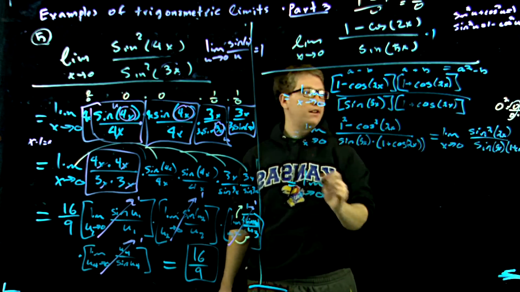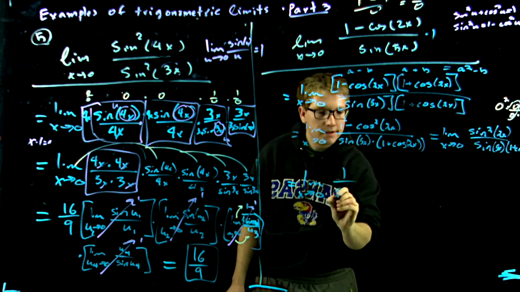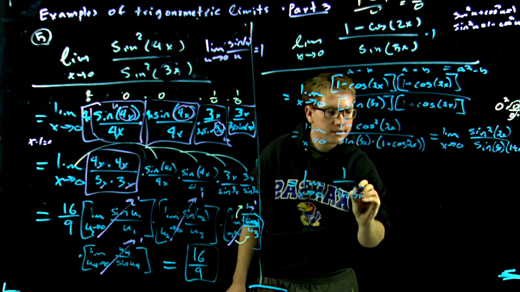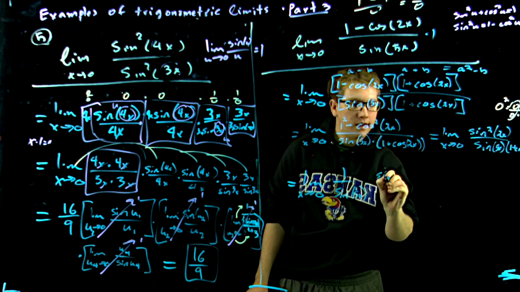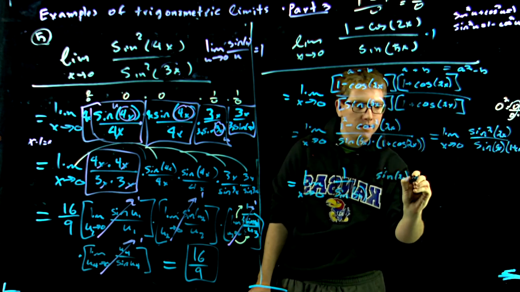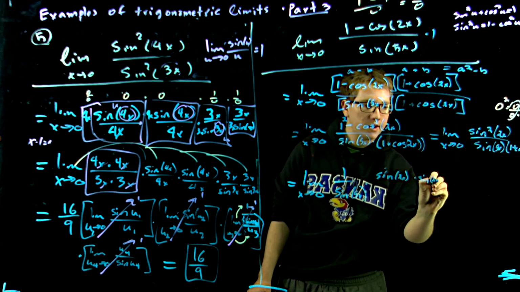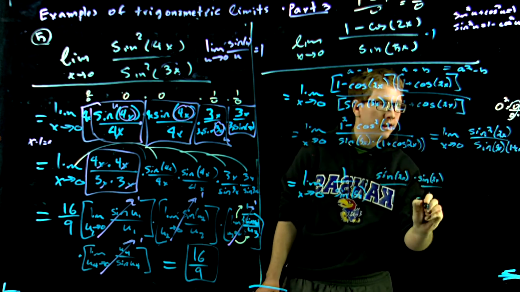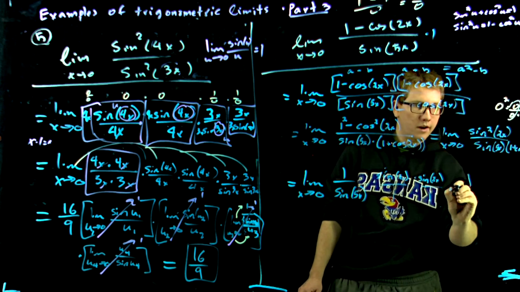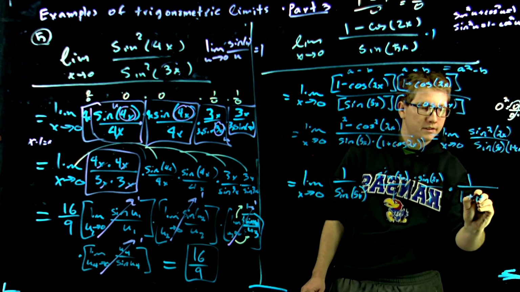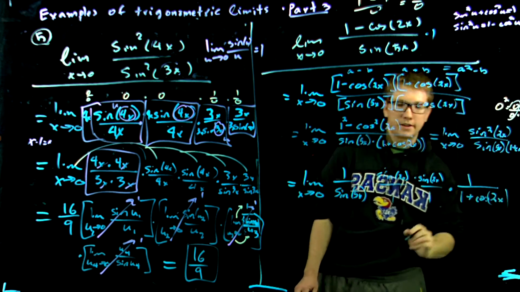I'm looking for this identity right here. So it'll be 1 minus sine of 5x times sine squared of 2x, so there's 2 of them, sine of 2x times sine of 2x, over 1, times 1 over 1 plus cosine of 2x.